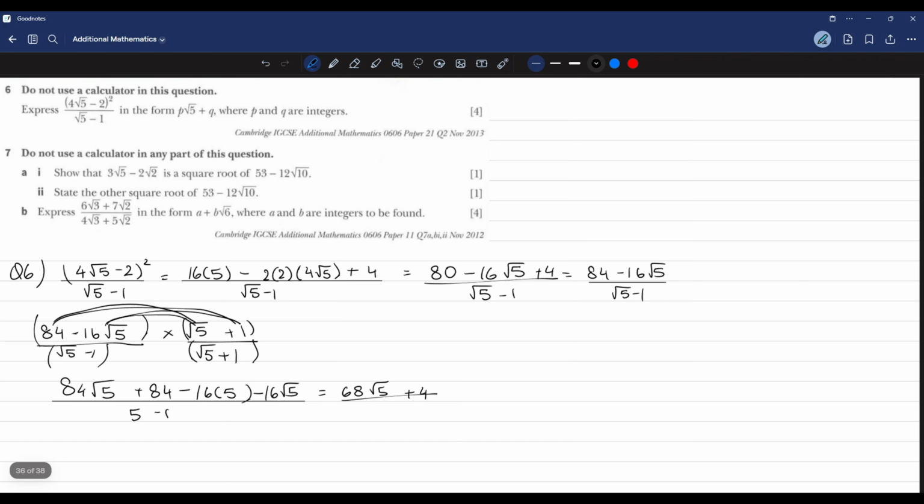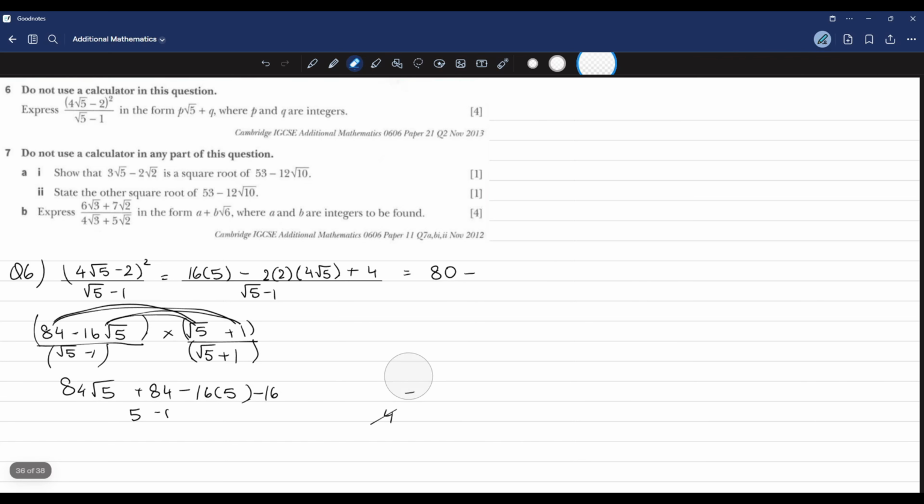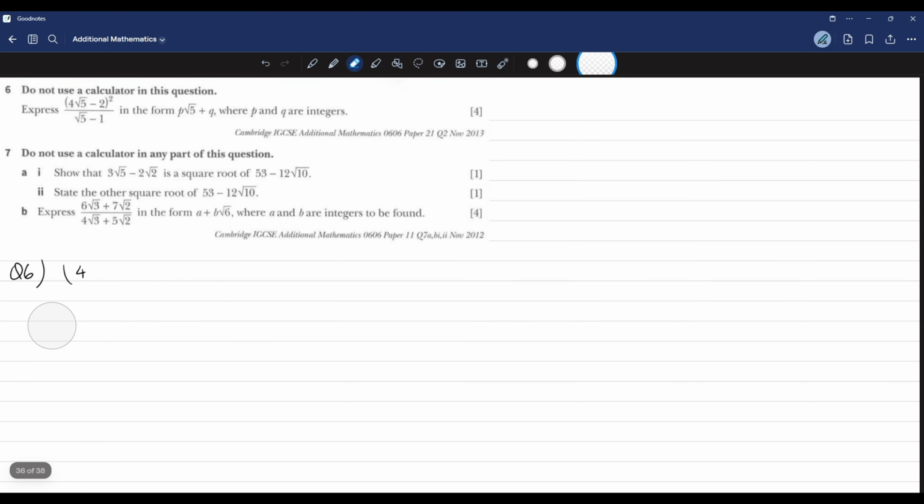Yes, this can also be further simplified. So 4 ones are 4. 4 17s are 68. And 4 ones is 4 again. So 17 under root 5 plus 1 is your final answer for this part. Let me just erase this so that I can continue with question number 7.